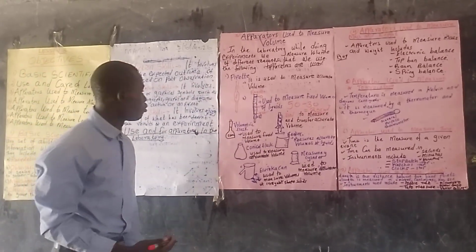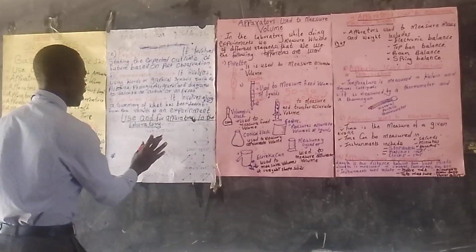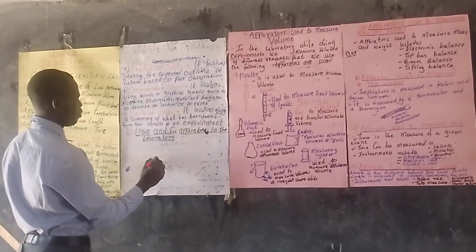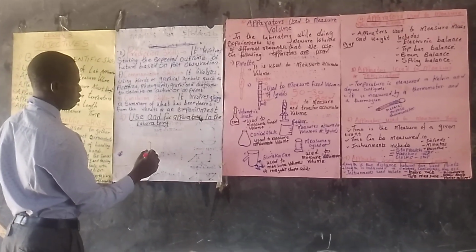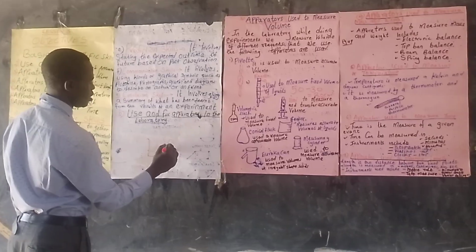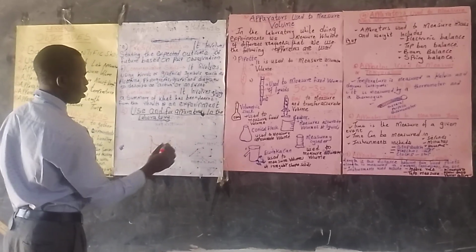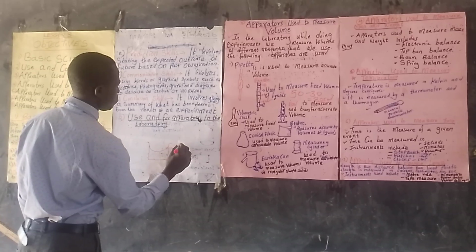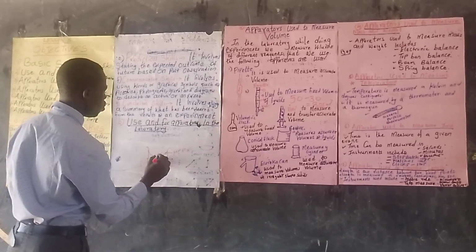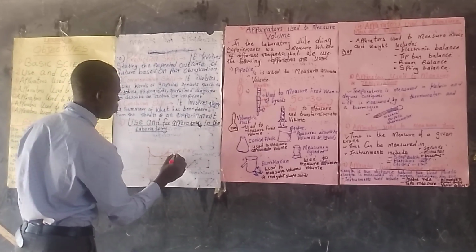And when we are measuring volume, we use the lower meniscus. For example, if you have an apparatus like this, we have the upper meniscus and the lower meniscus. This is the lower meniscus.